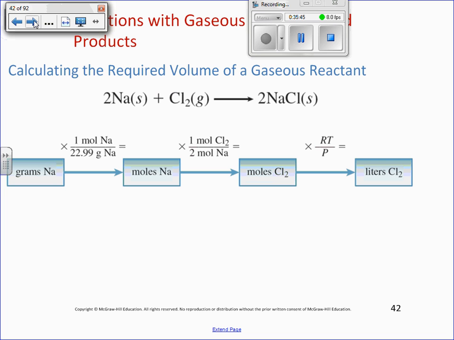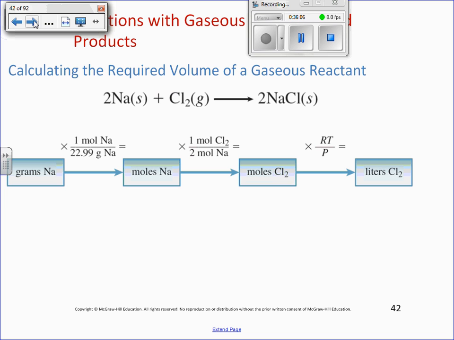So remember our stoichiometric roadmap: grams of A to moles of A, moles of A to moles of B, but I'm not going to grams because I can't weigh out chlorine gas. Well, I can, but it's a lot easier to know the volume. Once I get to moles of B, I can go to volume.